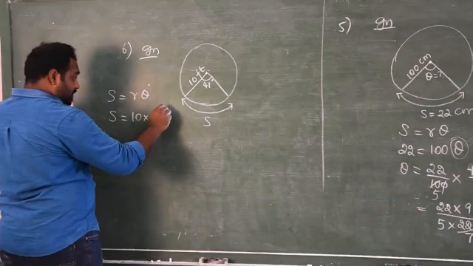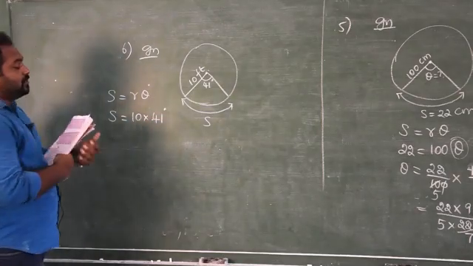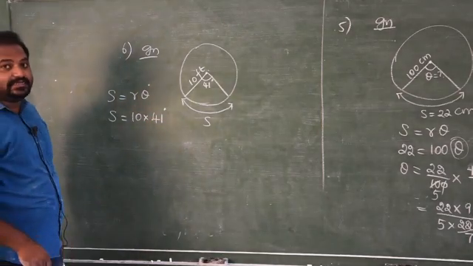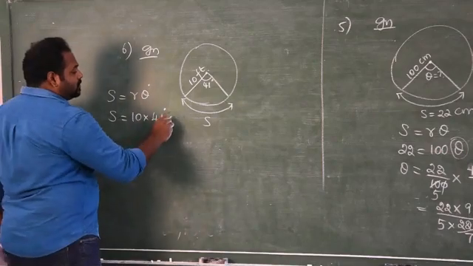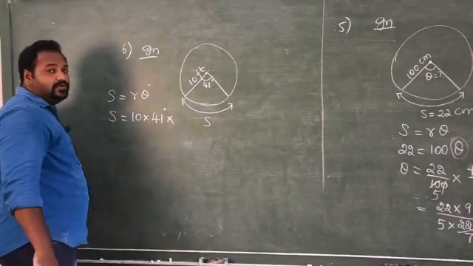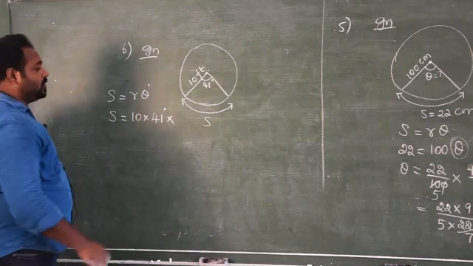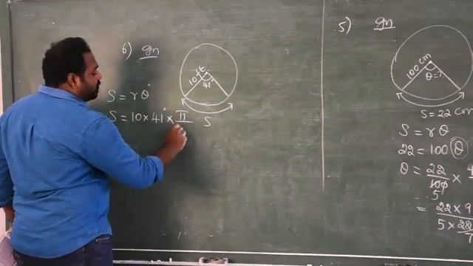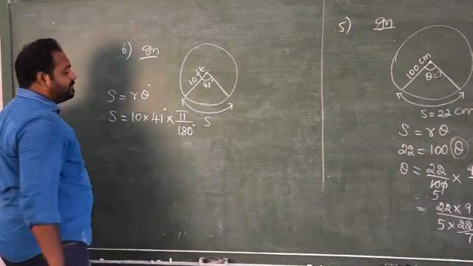Already we know that we cannot use the degree value for simplification. So we have to have a radian measurement: degree into pi by 180 to convert into radian measurement.